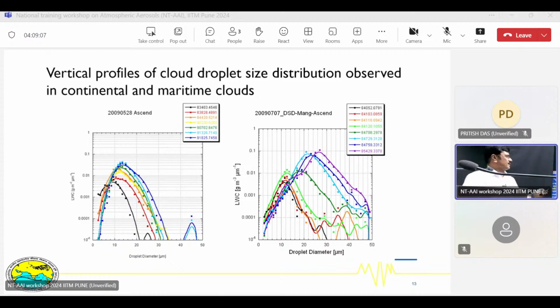What happens here is, as I said, the increased number of aerosols can lead to suppression of collision-coalescence efficiency, whereas here the collision-coalescence efficiency is very high. That's why the drop size distribution has broadened.